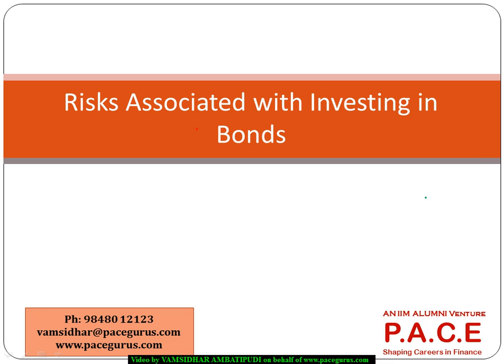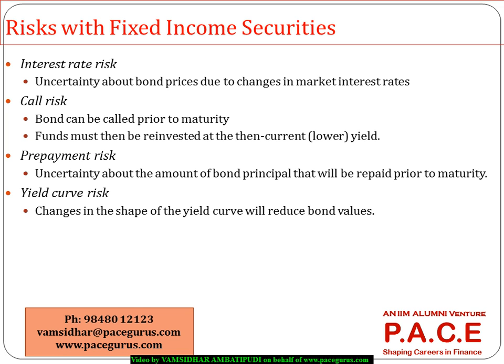There are almost 12 to 13 types of risks typically identified for anyone investing in a fixed income security. It's a bond, though we say it's fixed income, there are so many risks and uncertainties associated with it, which is what we are trying to cover as part of this session. So, just on a brief note, you have interest rate risk.